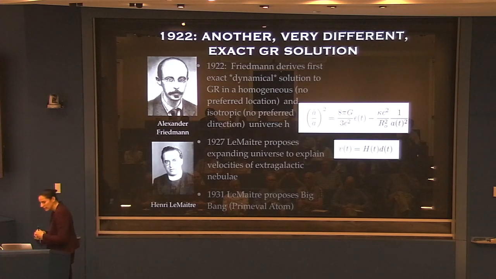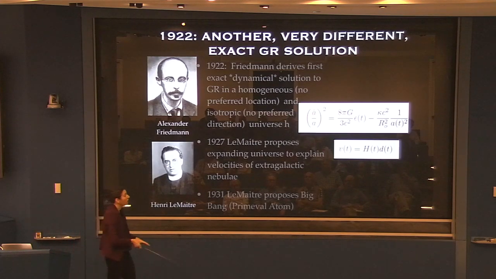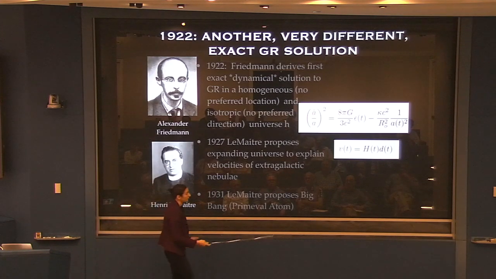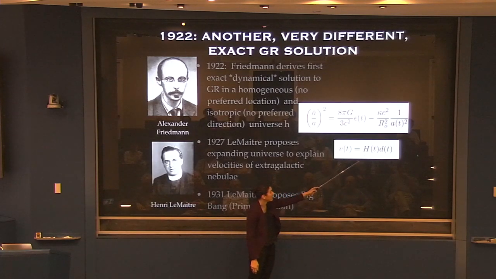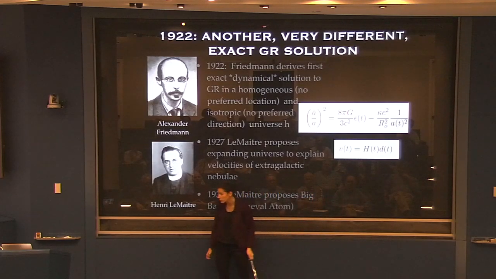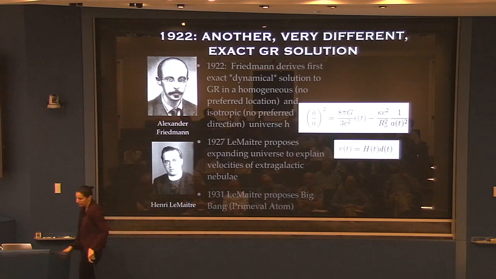He's thinking about the velocities, and he similarly comes to this same solution for the field equations. And of course, in this space, the velocity as a function of time is given by what we now call the Hubble parameter times the distance, right? So this is the velocity-distance relation in that picture, right?